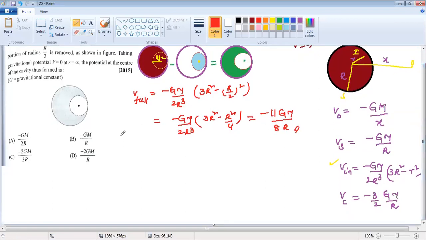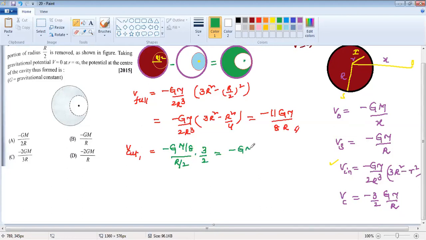Now potential due to the removed part, the cutting part. For the cut part, the required point is at the center. At the center it is minus 3 by 2 into GM by r. The cut part mass is m by 8 and the radius is r by 2, multiplied by 3 by 2. So how does it become?